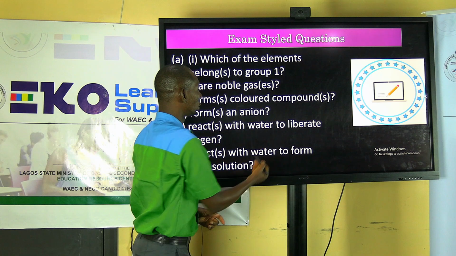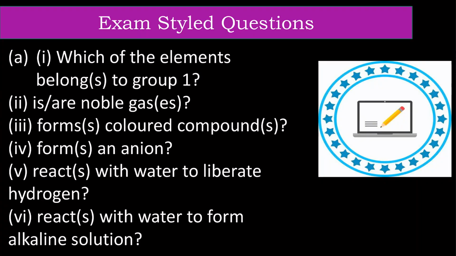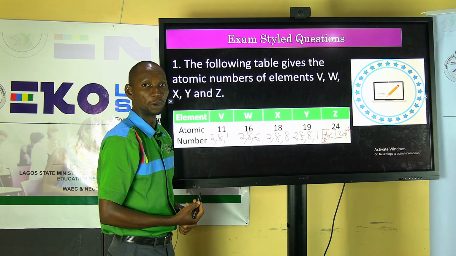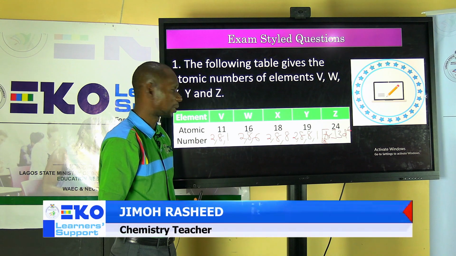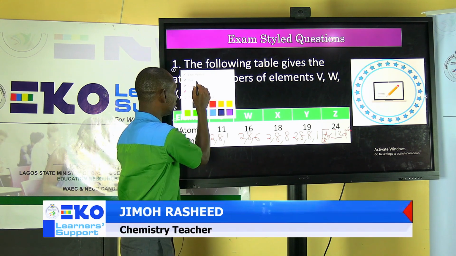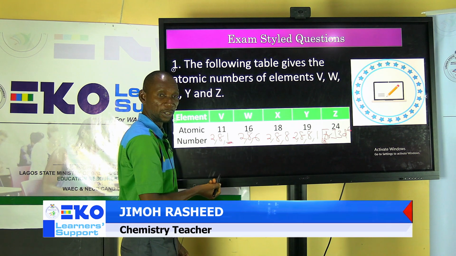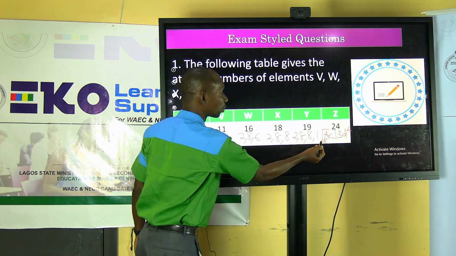So let's look at the question that I asked. Which of the elements belongs to group 1? So let's go back. Which of them belongs to group 1? Can you attempt that? Fabulous. You are right. V, because the number of valence electrons is 1 in it, as well as what?